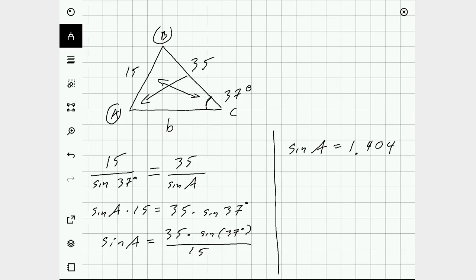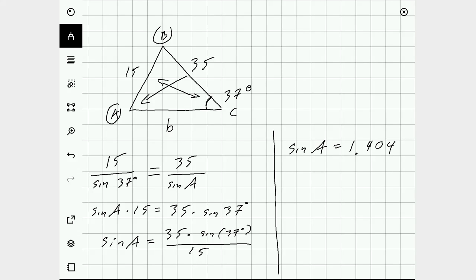Now, immediately, you should be noticing that this is a problem because I have a value of sine bigger than 1. And sine is the ratio of the opposite side to the hypotenuse in a right triangle. The opposite side is always smaller than the hypotenuse, so sine always has a value smaller than 1.